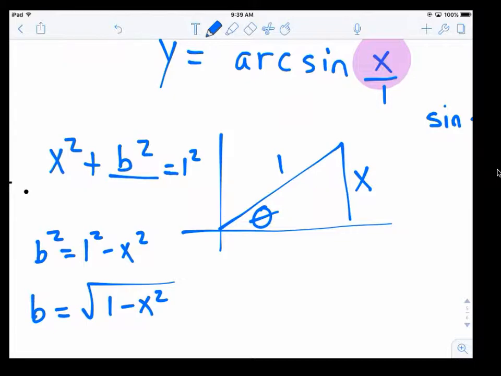So this side here is the square root of 1 minus x squared, right?